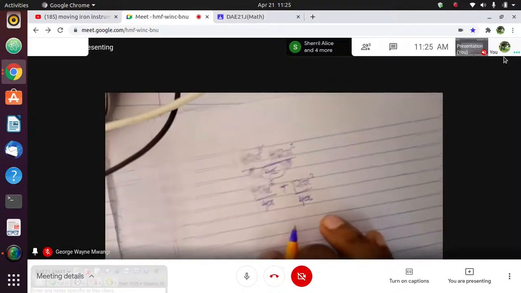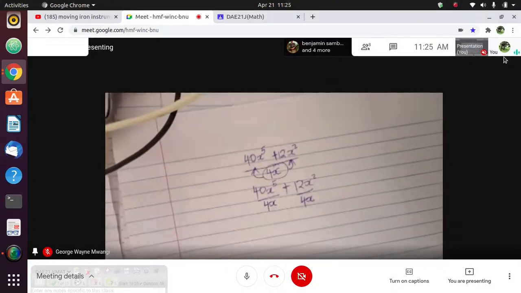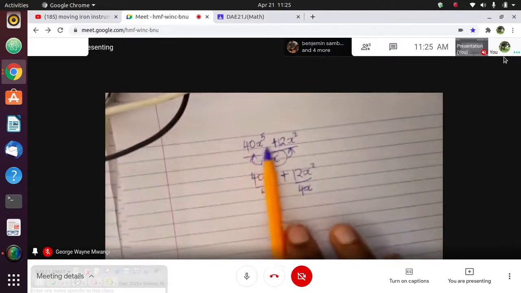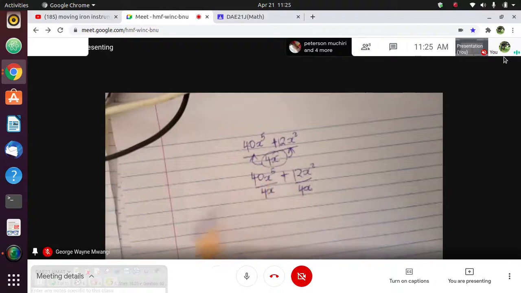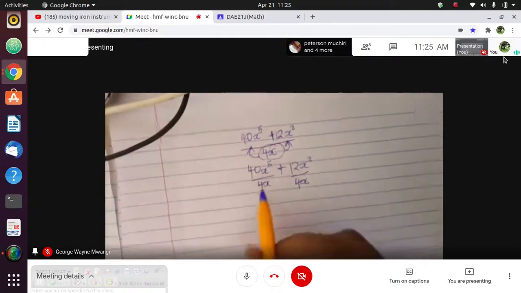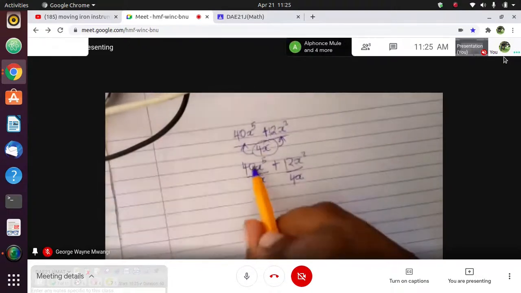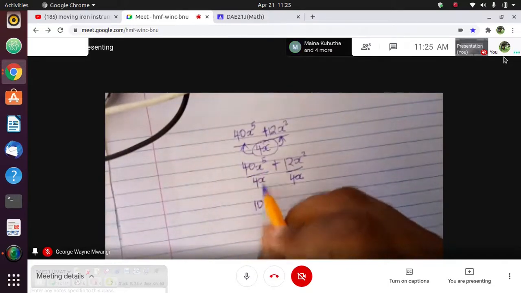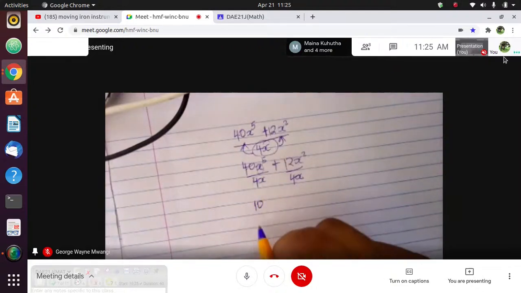So we can split that, and each value on the numerator is being divided by the denominator. Now, let us simplify this. 4 can divide 40 10 times. So 10. Now, we have x raised to power 5 divided by x.